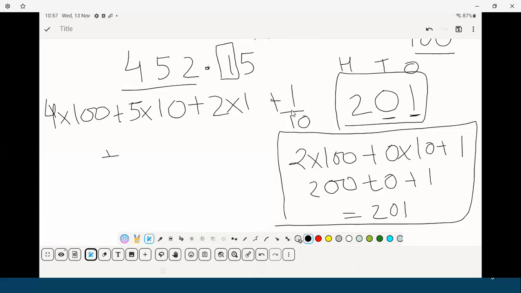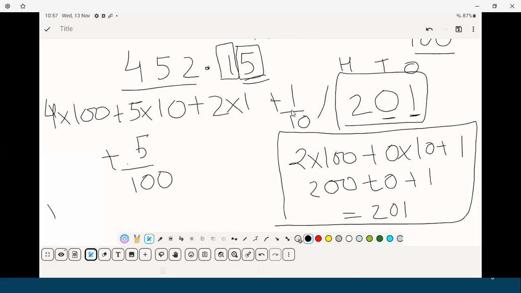And now for this digit 5, we'll write 5 by 100 because this is in the second position. The number of zeros in the denominator is equal to the position. It is the second position, so there will be 2 zeros, and in the first position, there will be 1 zero. So how will you write it?